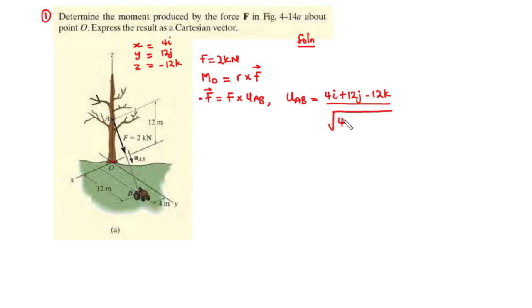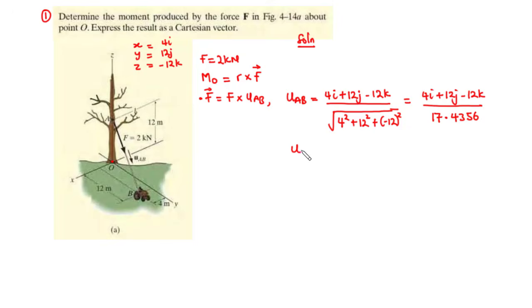So you have 4 squared plus 12 squared plus negative 12 squared. Now when you simplify this, the denominator is 17.4356.